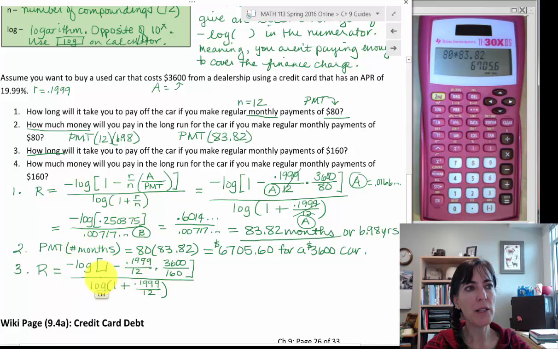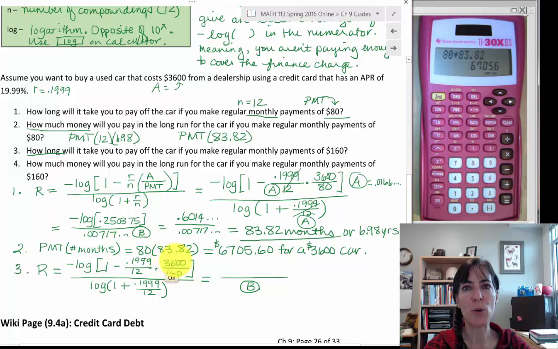And in fact, this whole denominator I already stored in B, so I can just use it. It's the exact same numbers because the payment's not involved there at all. In the numerator, this chunk here, I stored in A, so I can use it.